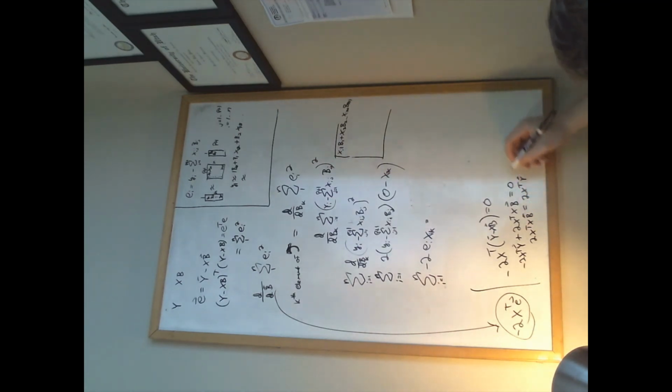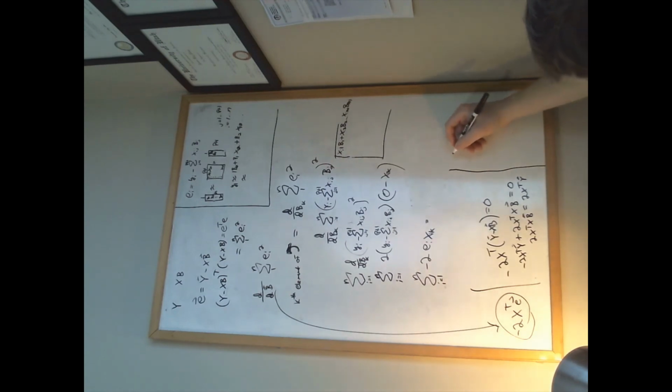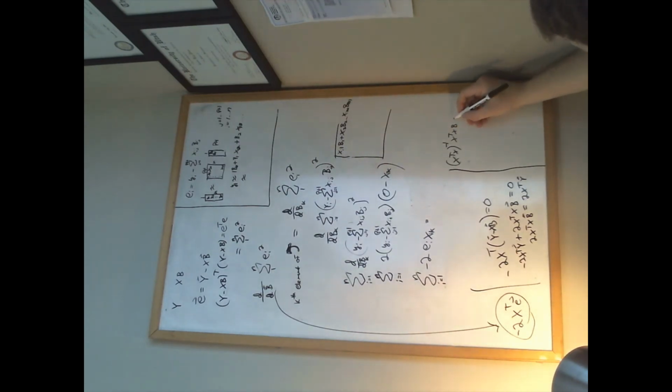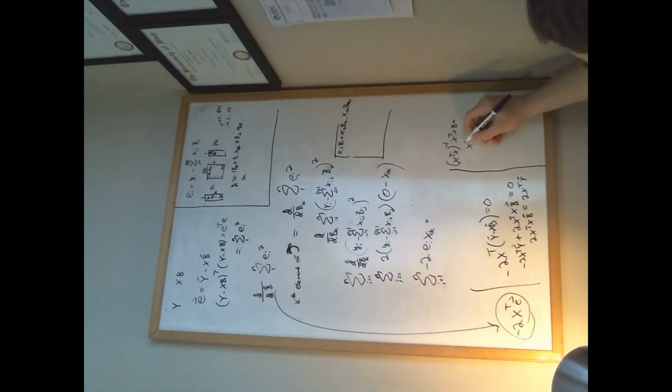Then we're going to take the inverse of X^T X, multiplied by X^T X beta on the left, and then we have to do the same thing on the right. If we're out of space, I'm going to go to the next line: (X^T X) inverse multiplied by X^T y.